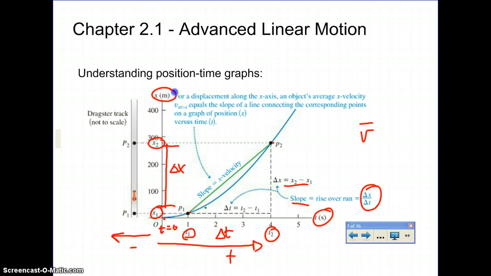The slope at any particular instant of the object's actual motion may have been faster or slower than the average over that time. But when we're considering the average velocity, it's always going to be the slope of a line between any 2 points on a position time graph. The instantaneous velocity is going to be the slope at a specific point on that graph.